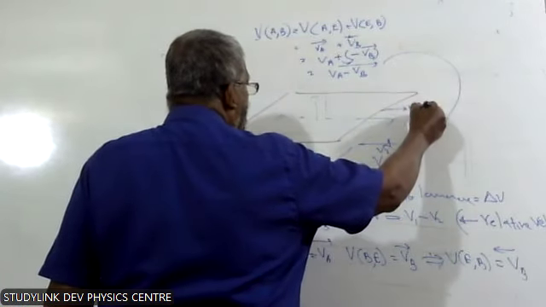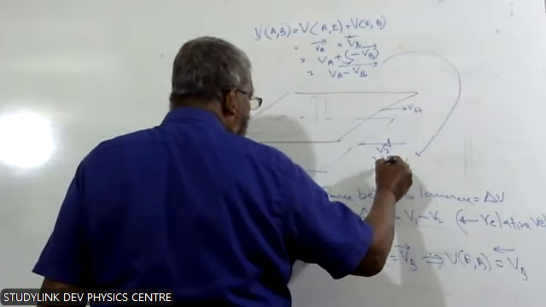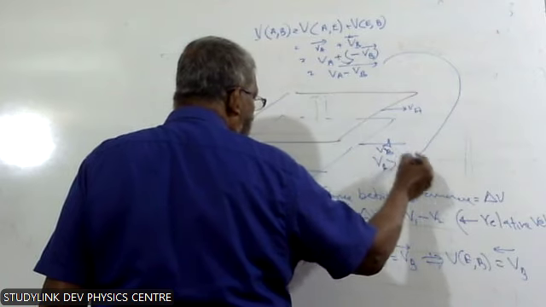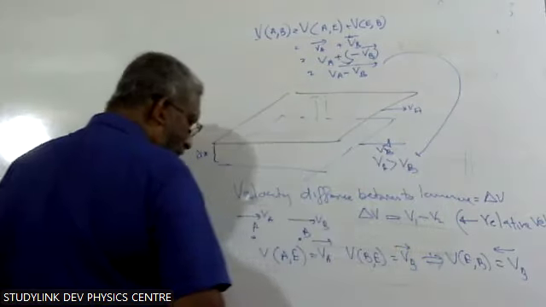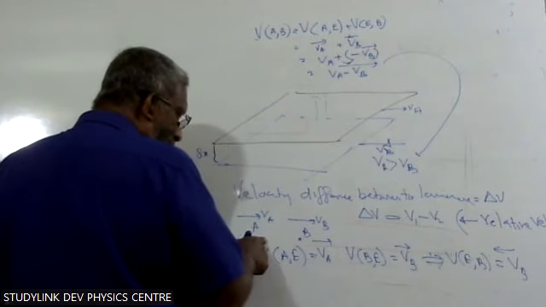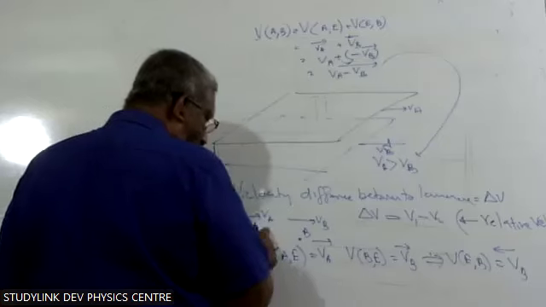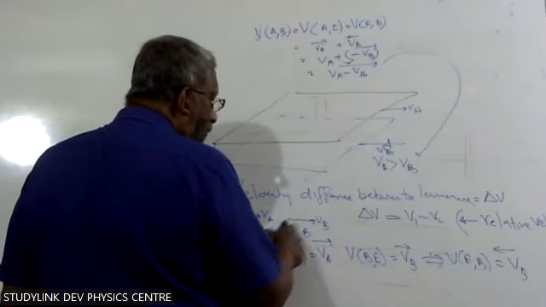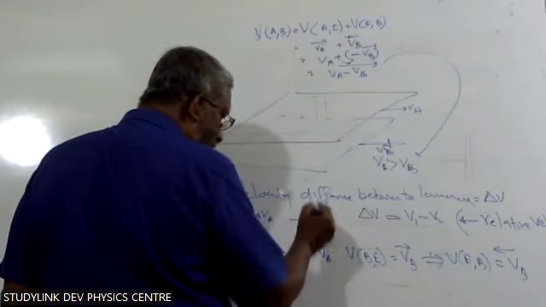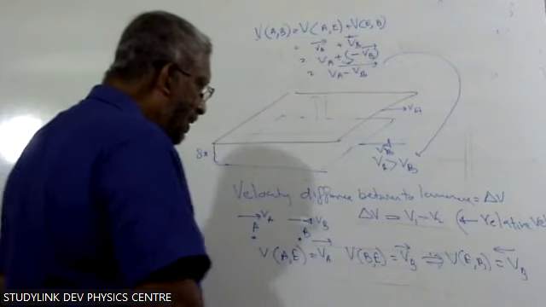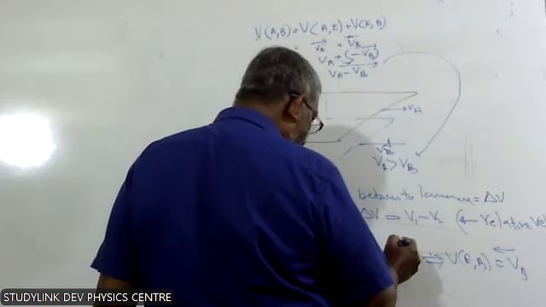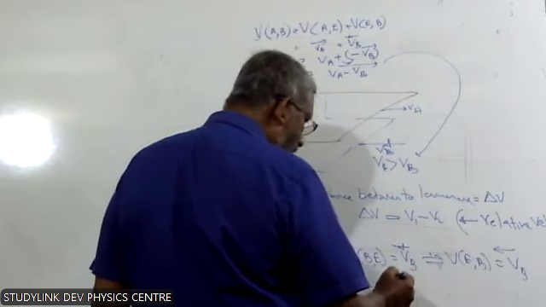I'll consider this A, VA, the second one VB. Then VA and VB are in opposite directions.